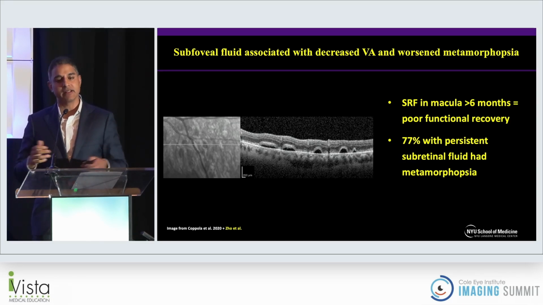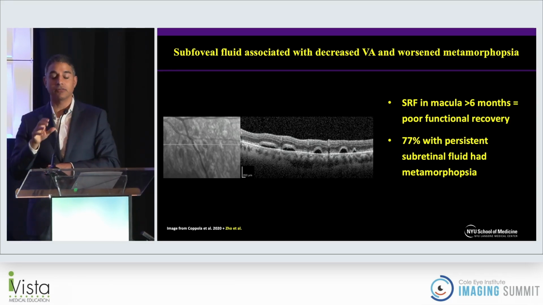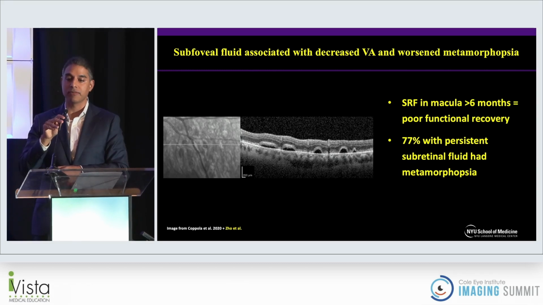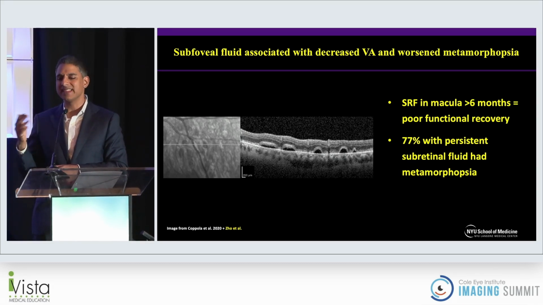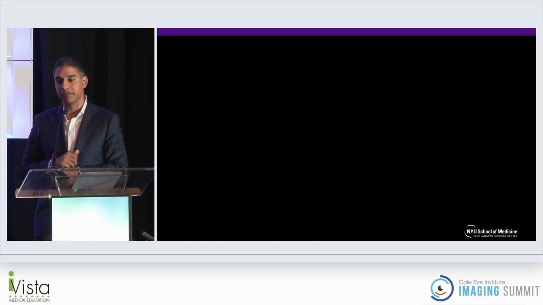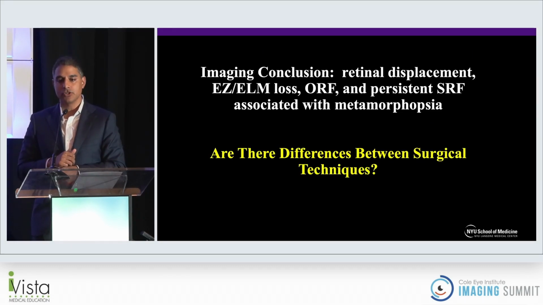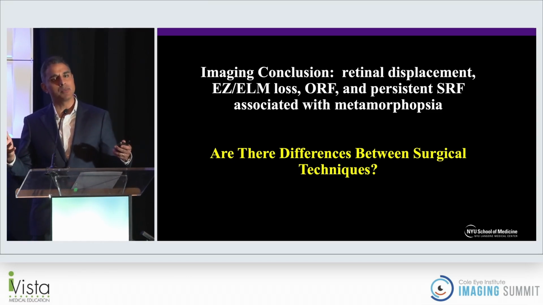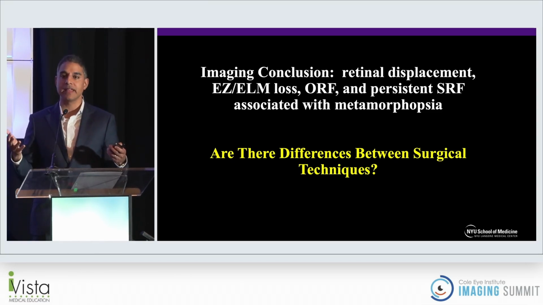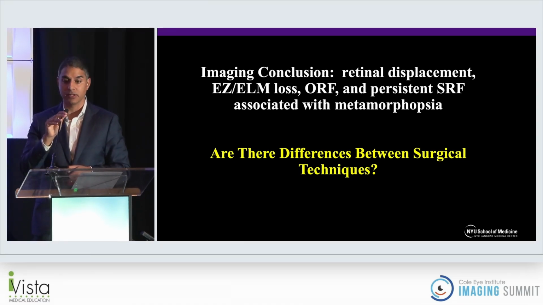And so finally, subretinal fluid in the macula greater than 6 months can result in poor functional recovery, but arguably this is something where we don't have a meaningful way to get rid of these pockets of subretinal fluid with surgery. So when you're thinking about your patients, we can go a little bit further than just the binary attached or detached, and we can look at some OCT features to help us understand their symptoms a little bit better.